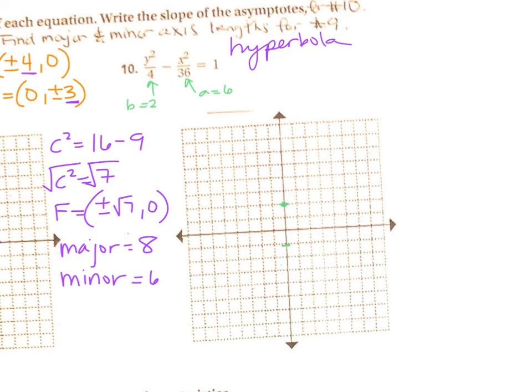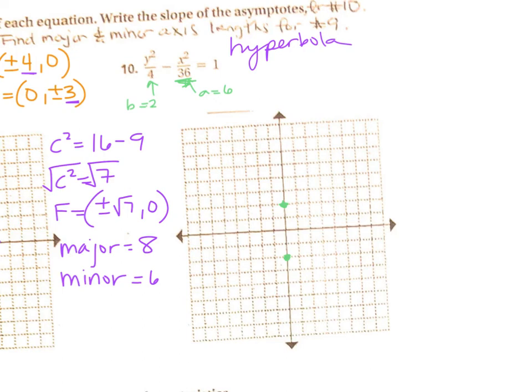So this is a vertex, this is a vertex. The second one is just helping you find your asymptotes and all of that stuff. So 6 to the right. Man, I keep doing my number in the wrong place. Sorry, 2. Let me go down 2. 1, 2. There we go. So those are our vertices, okay?